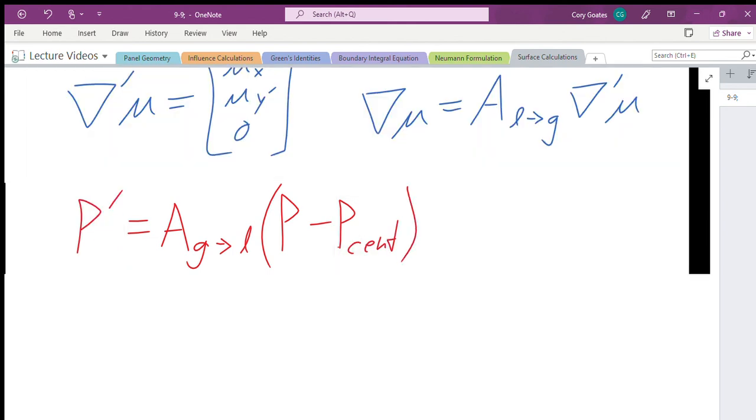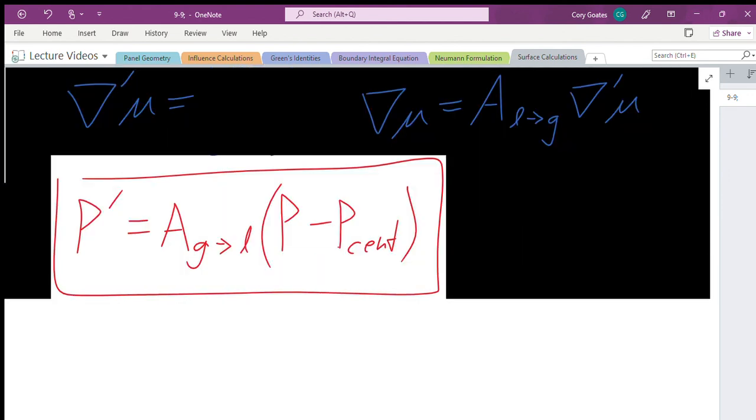Remember, we choose the origin of our panel to be the centroid. So this is what you use to calculate the local coordinates of the neighboring panel centroids.